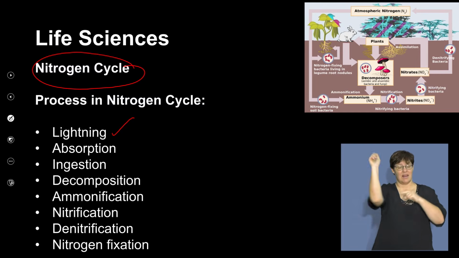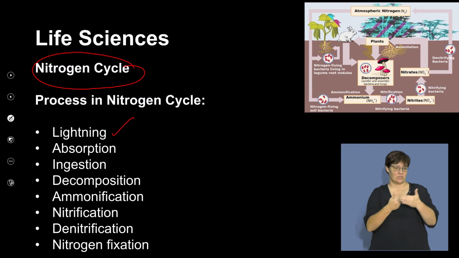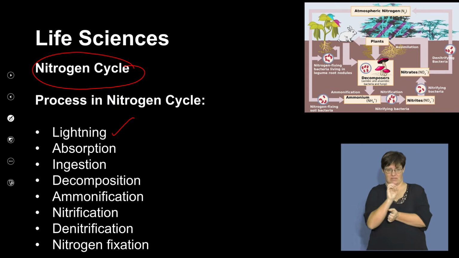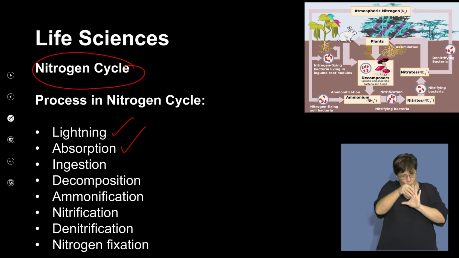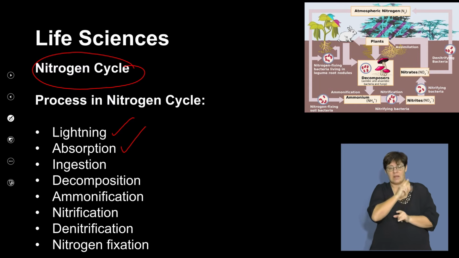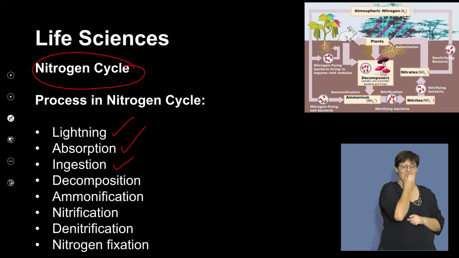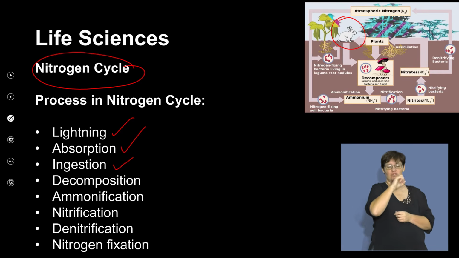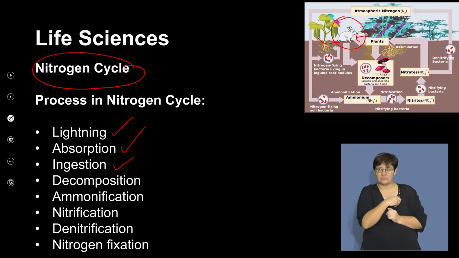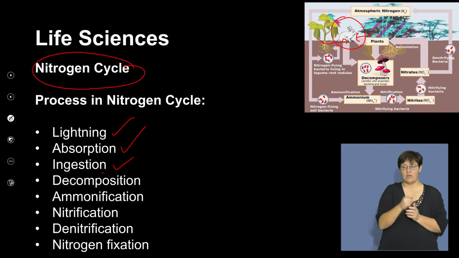Lightning is a significant process in fixing atmospheric nitrogen. We also saw that there's the absorption that occurs by the nitrogen fixing bacteria in the roots. We then see that animals consume and ingest that nitrogen, and that process of consuming plant material is called ingestion.